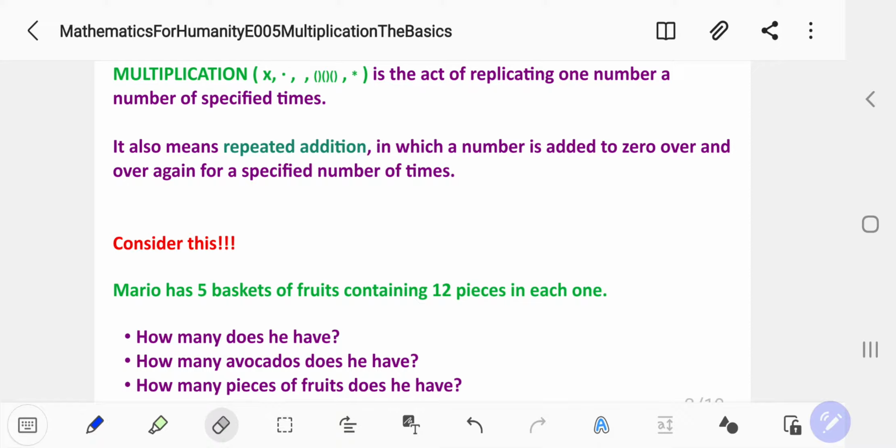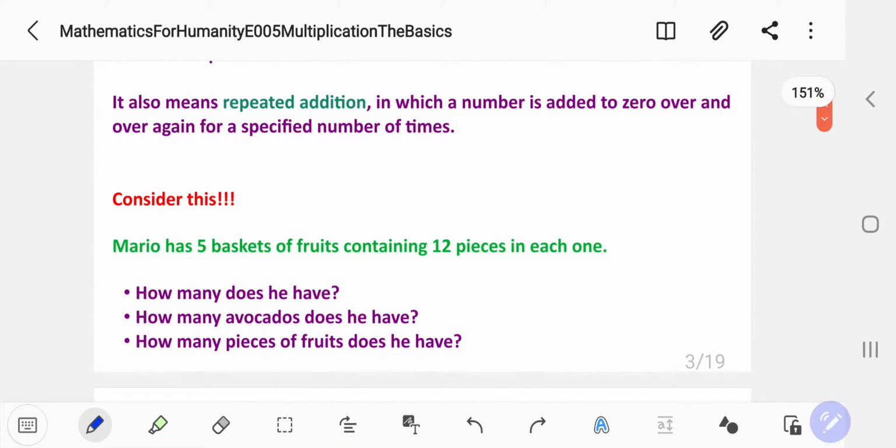So later we will know how it's done, and it also means repeated addition, in which a number is added to zero over and over again for a specified number of times. So we will tackle more on that in the next slide.